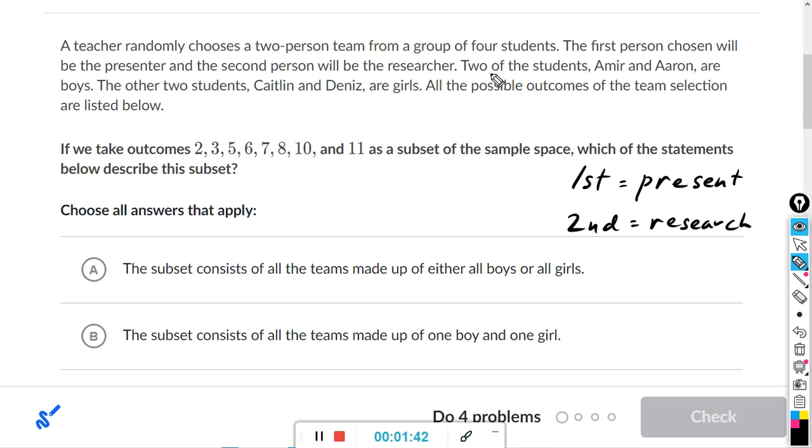Amir and Aaron are boys. I'll write it over here. And Caitlin and Denise are girls. For some of these, you might have to take notes on the write-up.